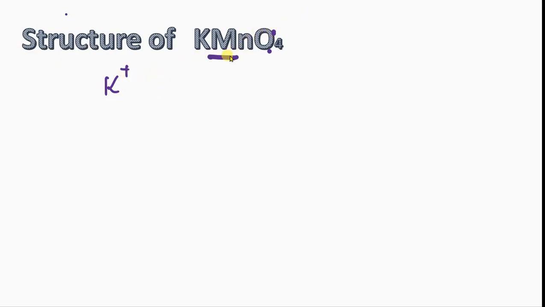It gives that electron to the MnO4 species, so MnO4 becomes minus. So there is a transfer of one electron, and an ionic bond is established here, right?